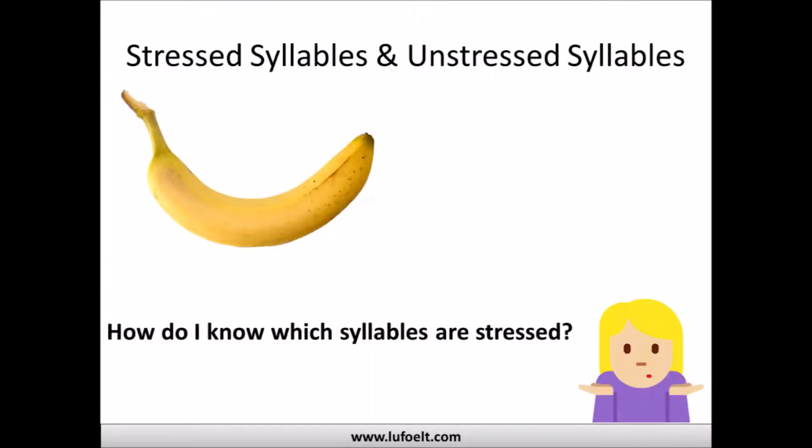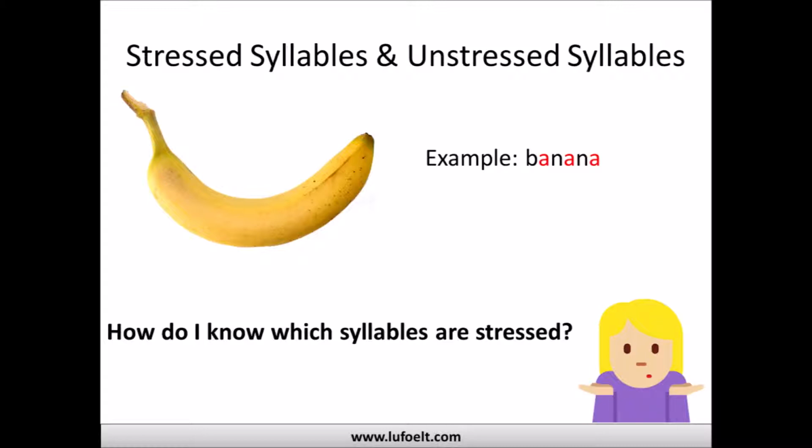So, to talk more about the schwa sound, let's start by looking at an example and thinking about stressed syllables and unstressed syllables. So let's take a look at this word, banana, B-A-N-A-N-A. So we have three vowels in this word. They're all A, right?